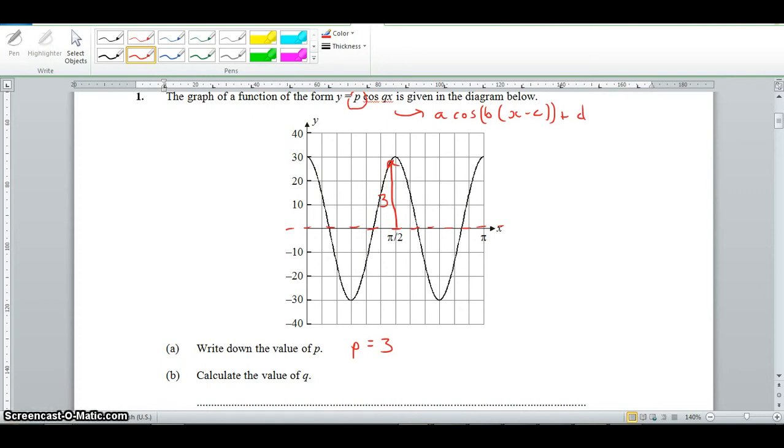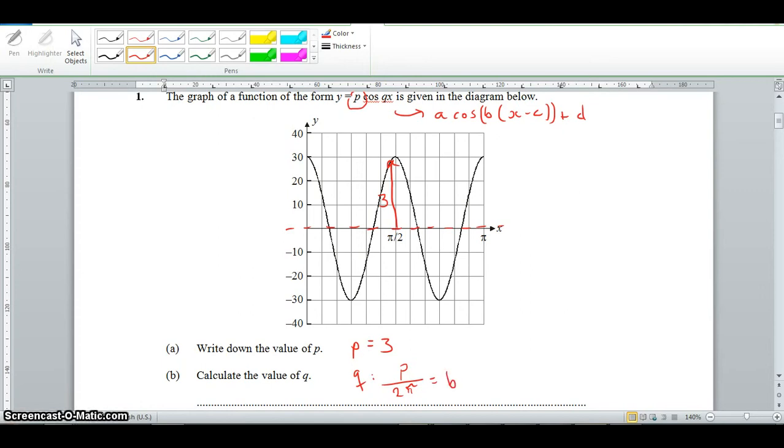For the value of q, you will want to apply the little formula, the period, not to be confused with this p, is equal to 2 pi over b.